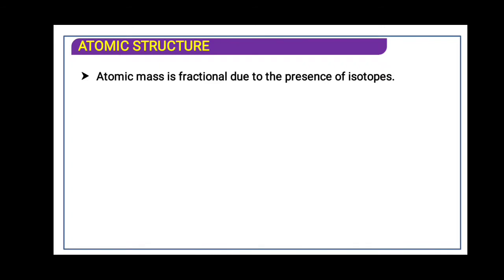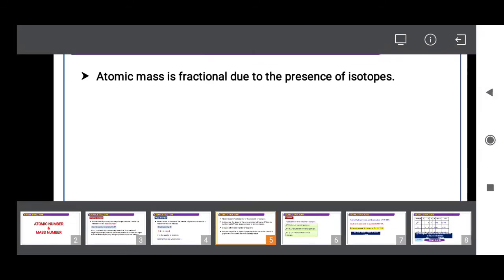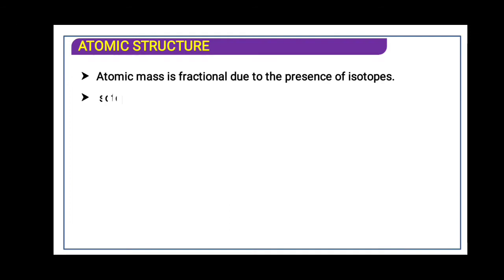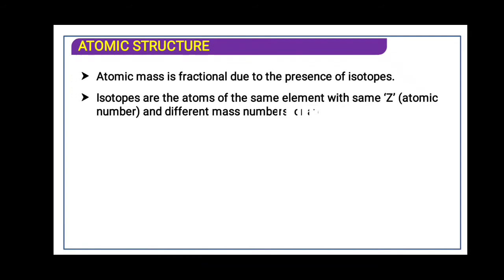Same atomic number means same element, that means same family. Different mass number, as the weights of father, mother and student are different. So the definition of isotopes: same atomic number but different mass number are called isotopes.